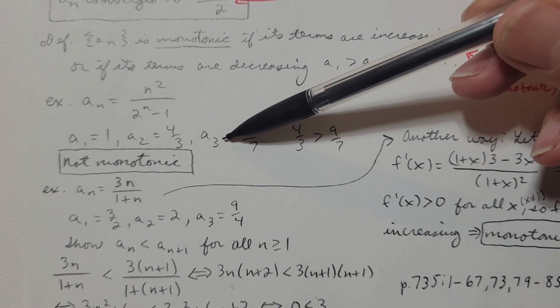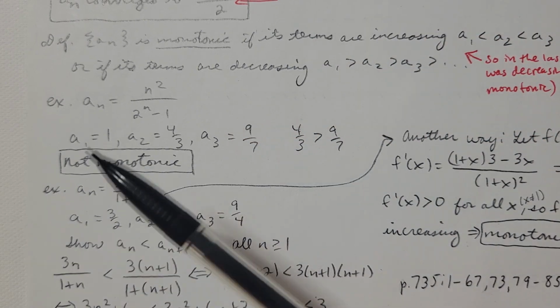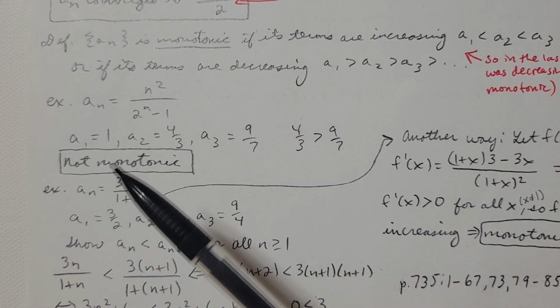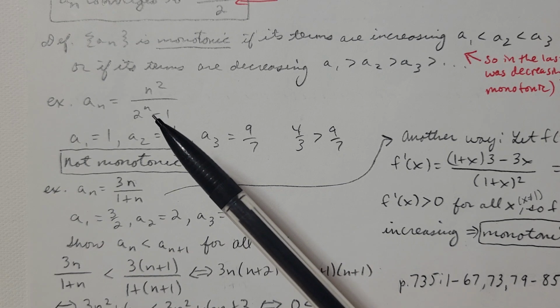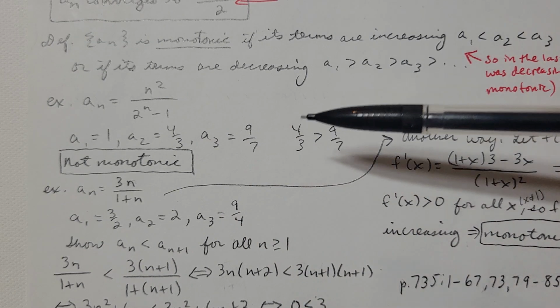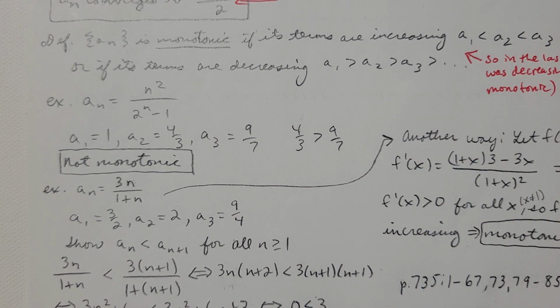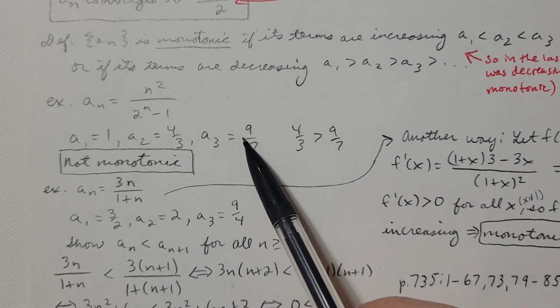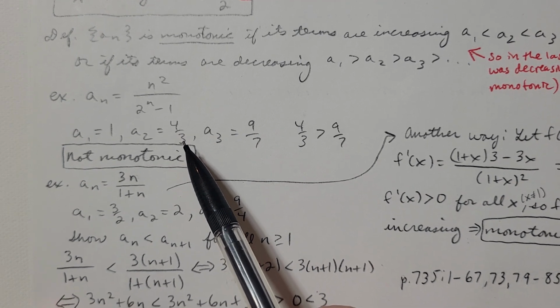Let's plug in 3 next. So a sub 3, that'd be 3 squared is 9, divided by 2 cubed, that's 8, minus 1 is 7. So I'm getting 9/7. So then the next question would be, is 9/7 bigger than 4/3?